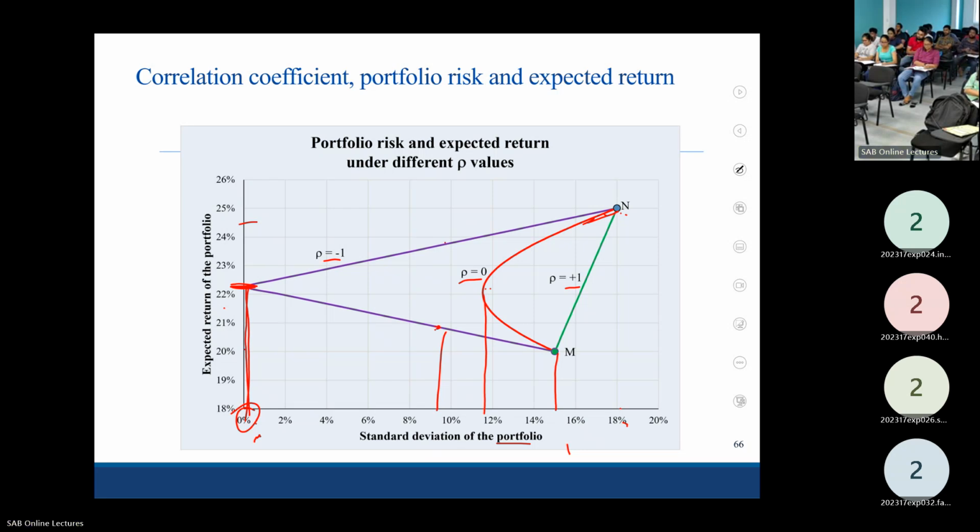Portfolio risk and expected return lie in between these two points: this is if you invested in stock M only, and this is if you invested in N only. They make a straight line. That is why I told you, when the correlation coefficient is perfectly positive, there is no diversification advantage.